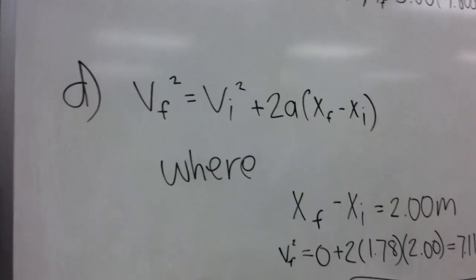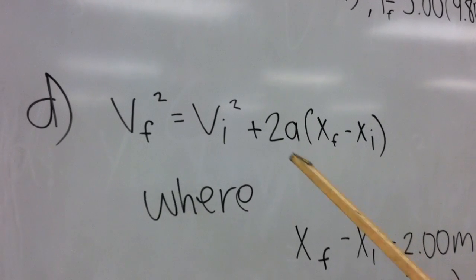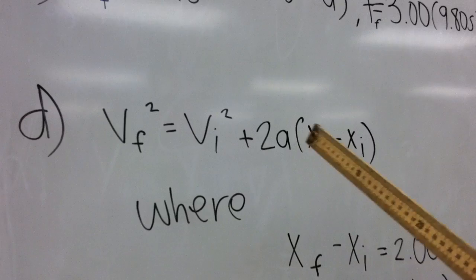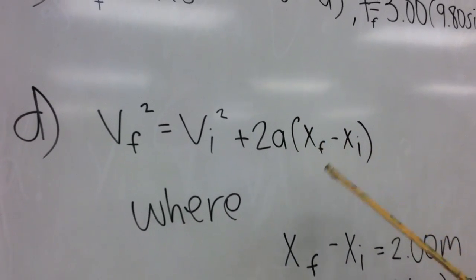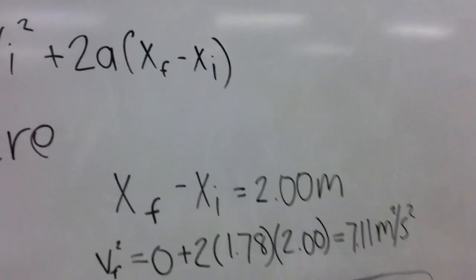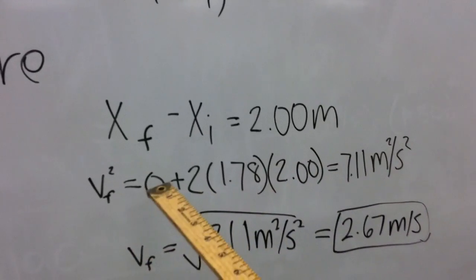Finally, for part D, we need a formula to solve for the final velocity. Now, we know that v final squared equals v initial squared plus 2 times acceleration times x final minus x initial. X final minus x initial is basically delta x, and we know delta x in our problem is 2 meters.